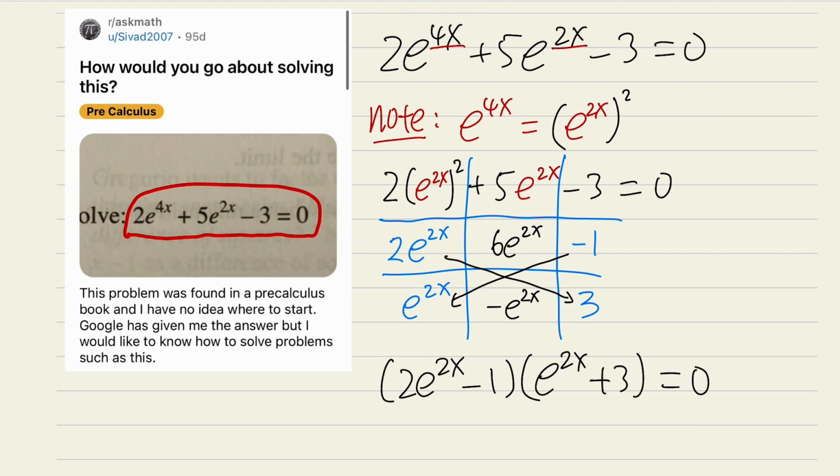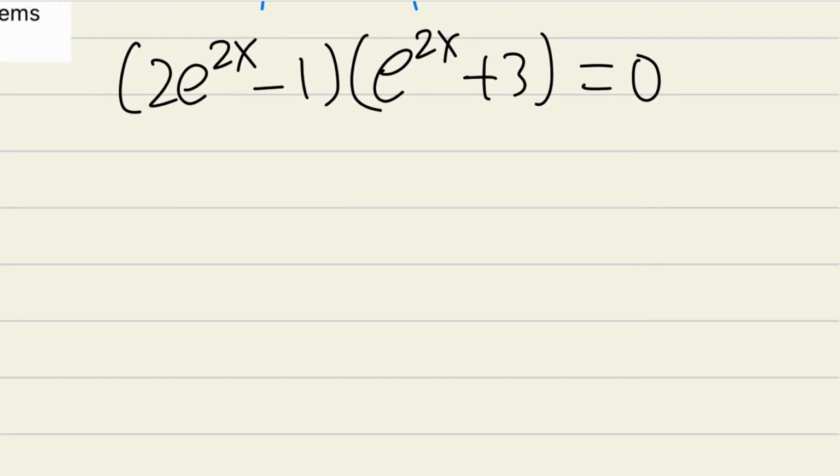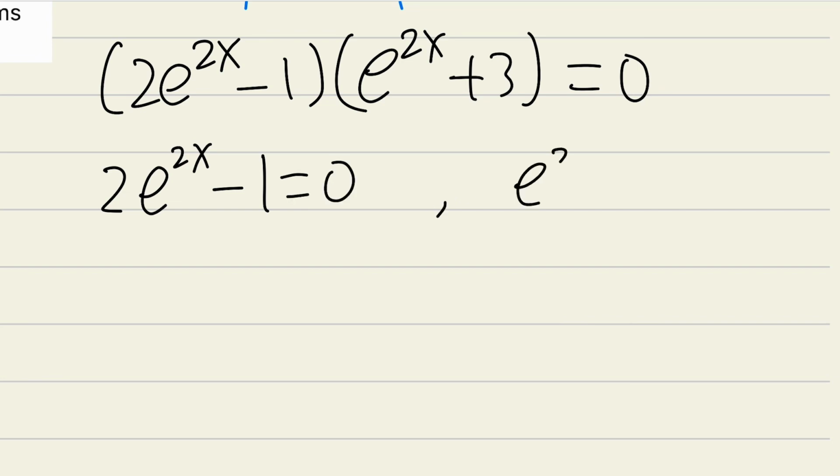And that's still equal to 0. Now you see that we have two factors multiplying to equal 0. That means the first factor must equal 0, or the second factor, e^(2x) + 3, equals 0.